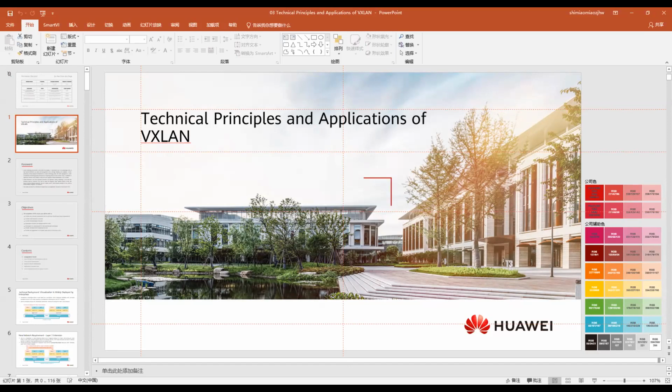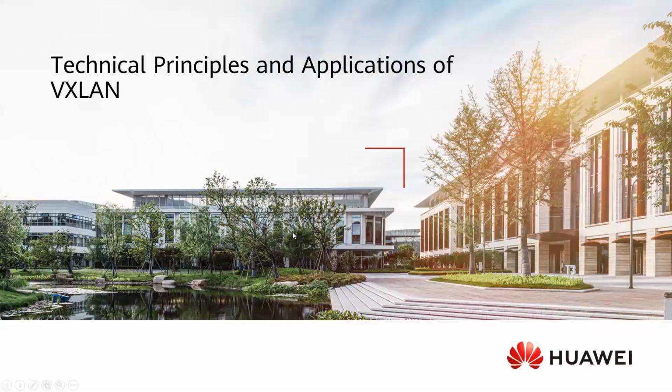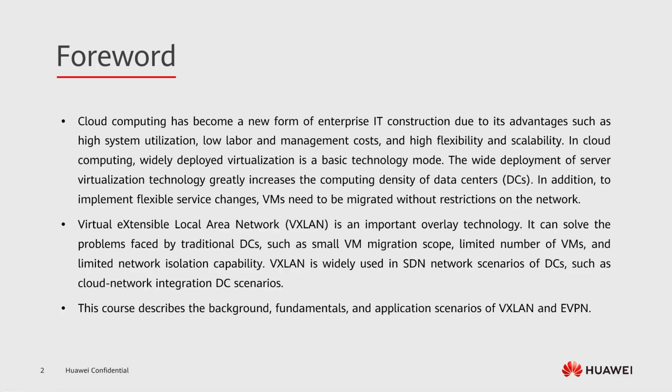Wait a moment. Now let's look at the content of this part. First, let's look at the background: why we need to use VXLAN and how we use it. Nowadays, cloud computing has already become a new form of enterprise IT, because we can use it for so many advantages.